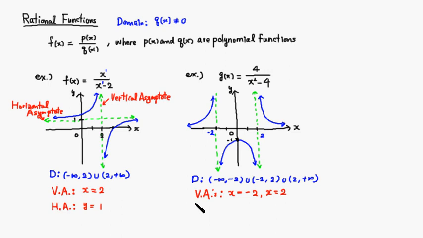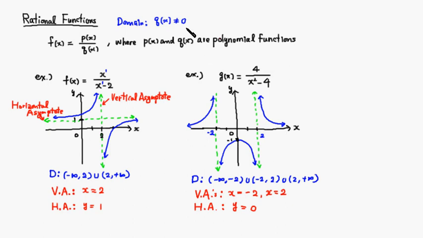And the horizontal asymptote looks like the x-axis, since the graph gets closer to it on both sides. The x-axis has equation y equals 0. So that's the horizontal asymptote.